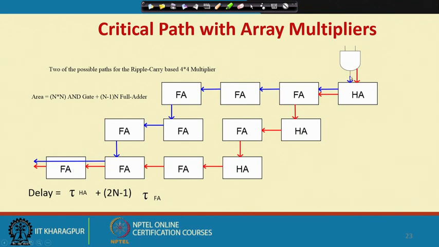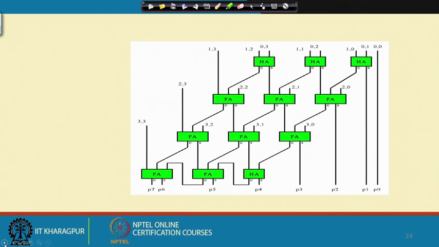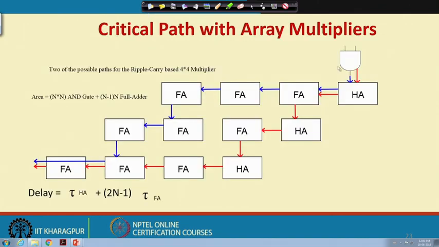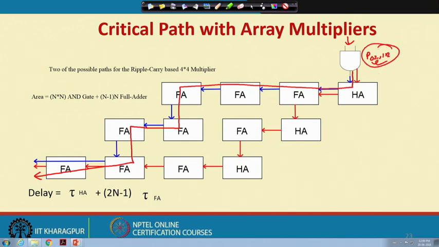The critical path is this, that is basically coming from this to this to this, then this, then this to this. That means this is the longest path which I am getting. So, why ANDing? ANDing is basically for generating the P02 or P12. I need one AND gate to generate the corresponding partial product, so that AND gate delay will also come.